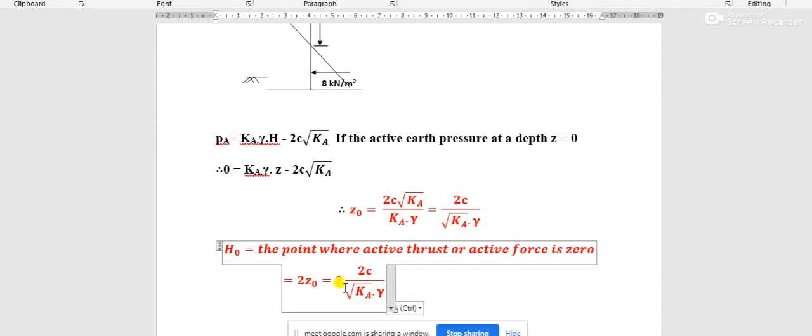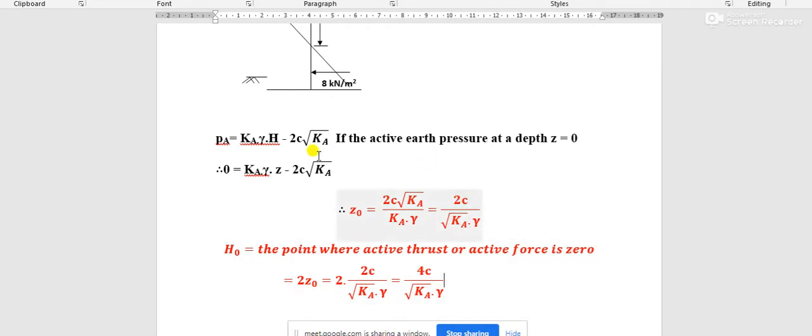That means 2 multiplied by 2 is 4, so 4c divided by Ka gamma.